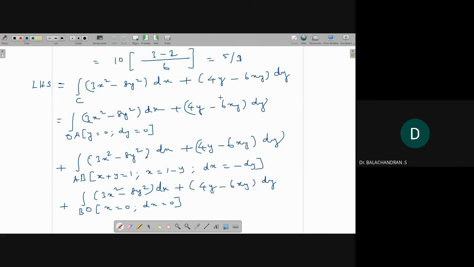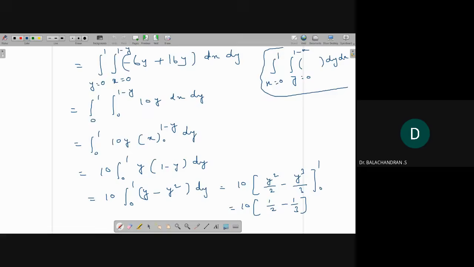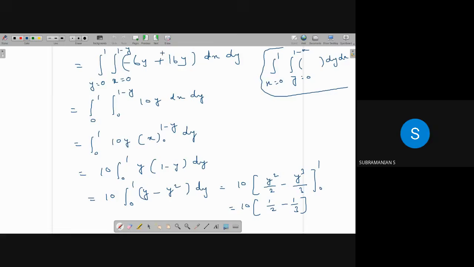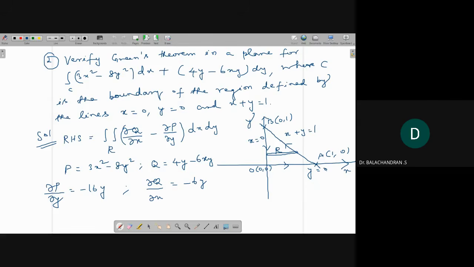Y is 0, so this is 0. So only you have 3x square dx. Okay, what about the limits? 0 to 1. Yeah, 0 to 1 is correct, because along OA, 0 to 1. Okay, correct.